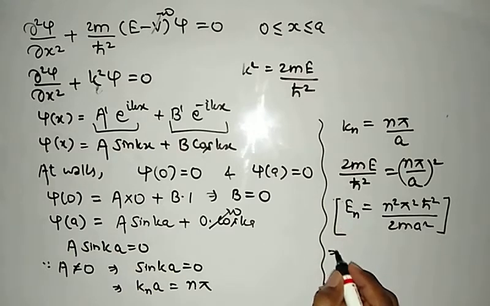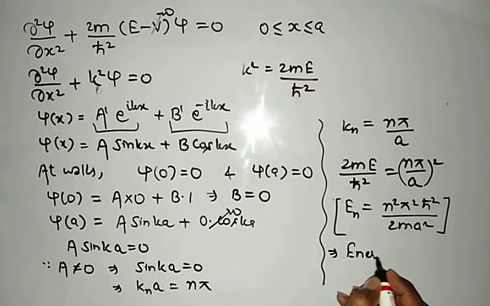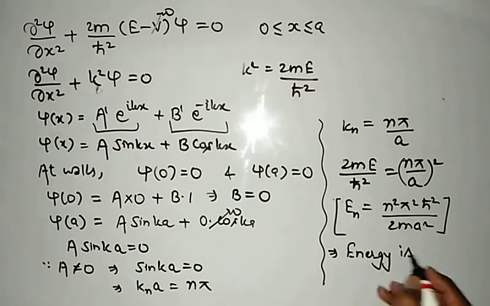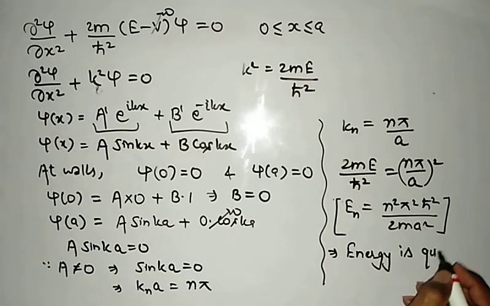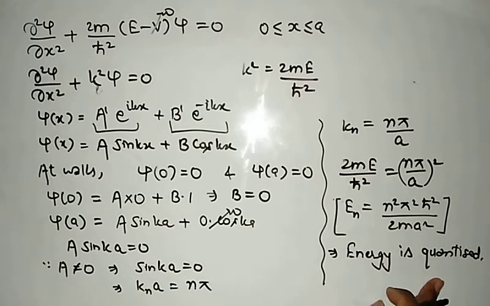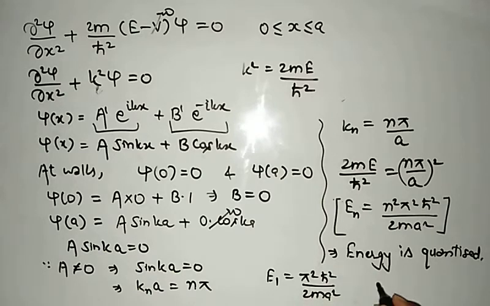So, what we see is that this energy is quantized, with discrete energy levels, because E1 is equal to pi square h cut square upon 2m a square, and E2 is 4 pi square h cut square upon 2m a square.